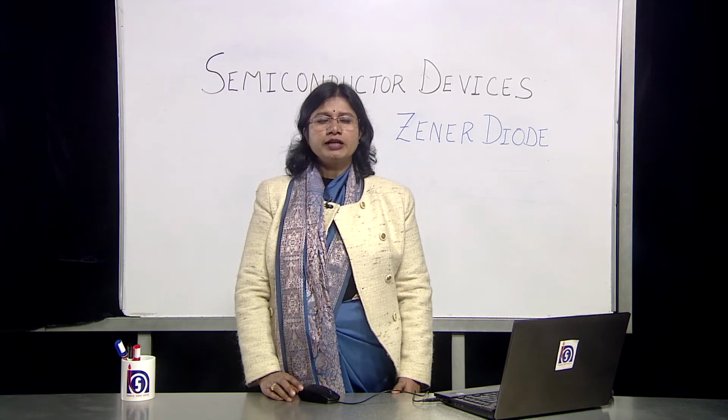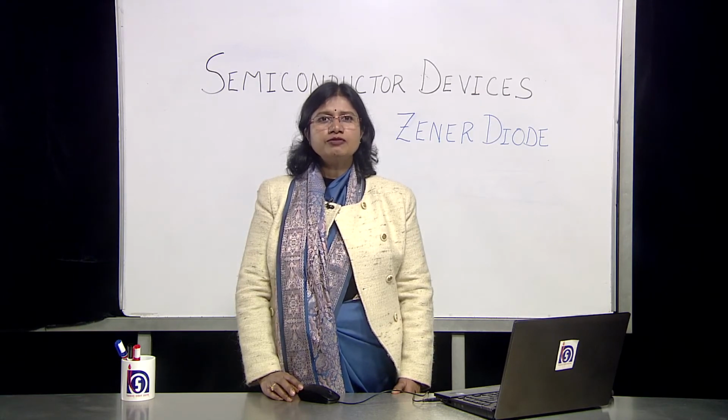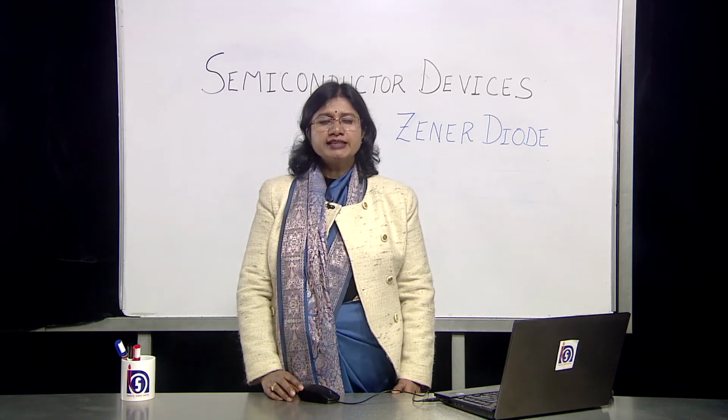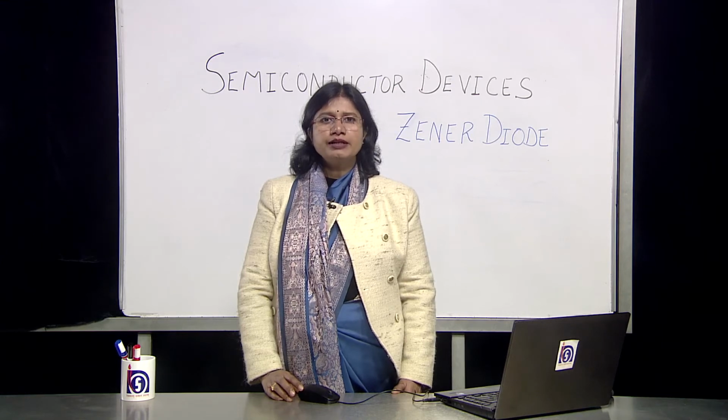Beyond the breakdown voltage, the voltage remains constant while a large amount of current can be drawn through the diode. So, here the diode is operating in the breakdown region. That means we have supplied voltage to such an extent that the diode is already in its breakdown region.